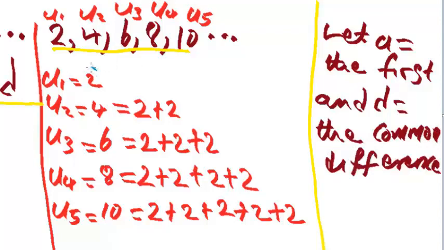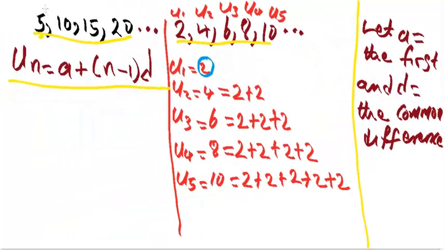I'm going to represent the 2 by A, because we are saying that let A equal the first term, and we know that the 2 here is the first term, and in this case this 5 is the first term, and in this case 2 is the first term.